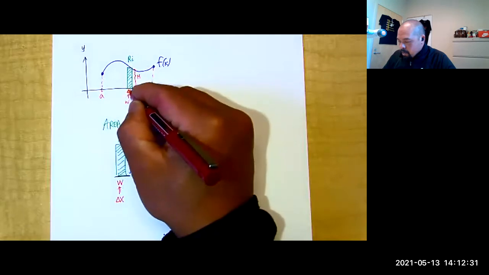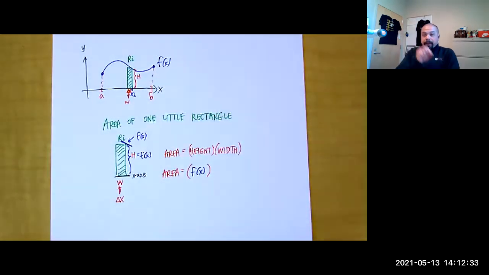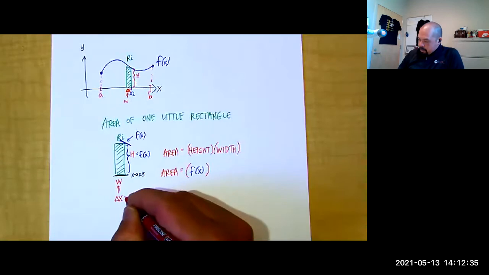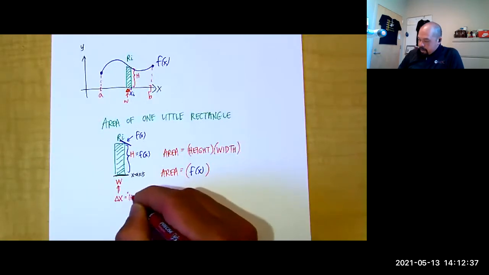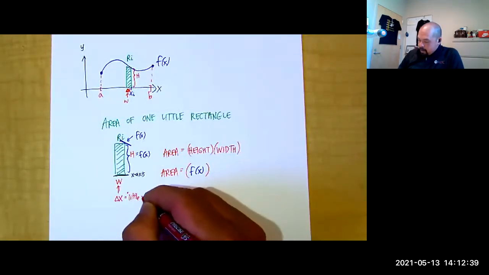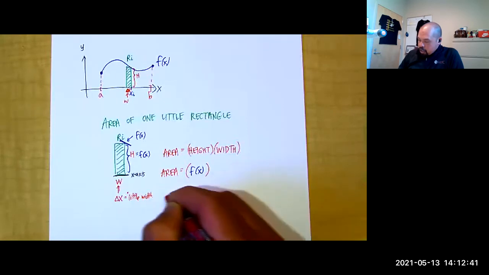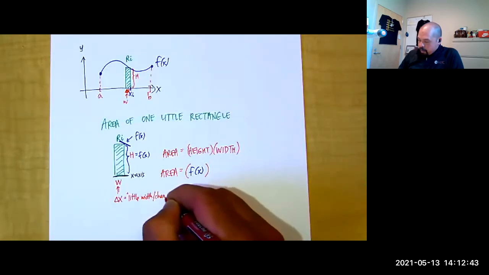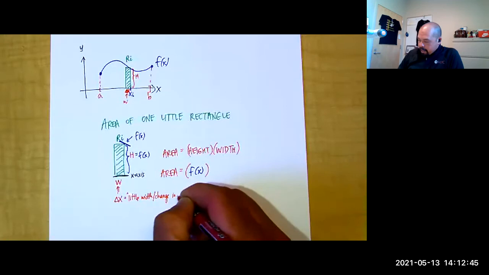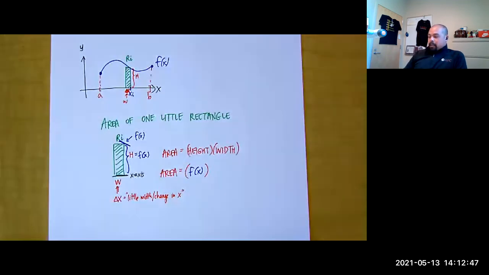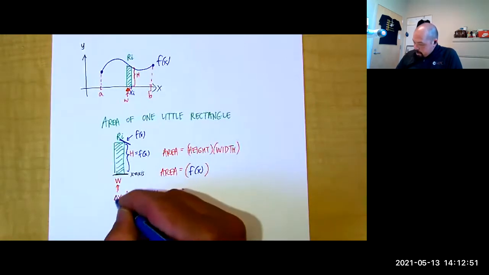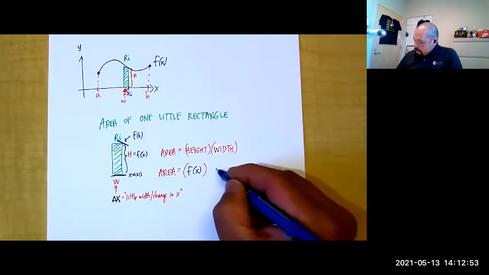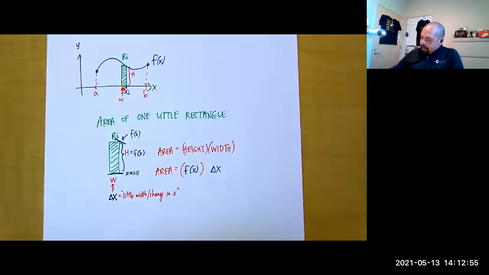How far are we going? This little bit, okay? That's going to be that little change in x, that little delta x. So for our width, blue, I guess, delta x.